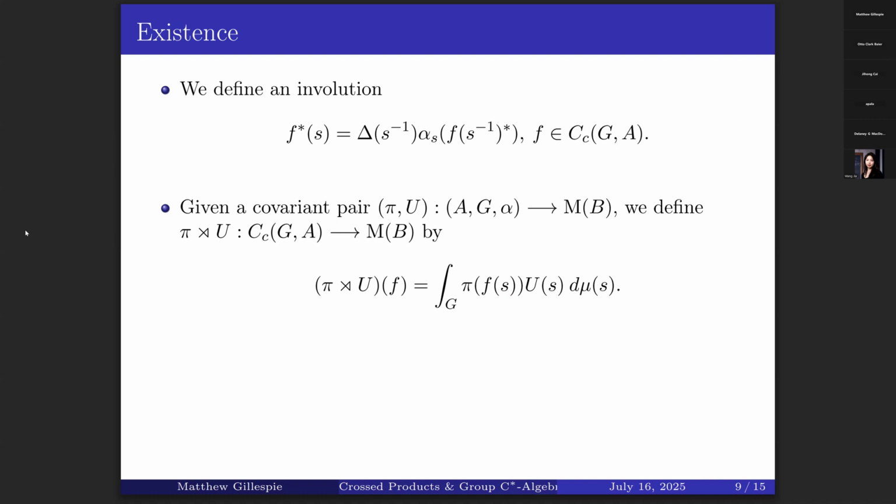What this is actually saying is I'm taking f of s, looking at it under pi, and averaging the values of the function f against the unitary u. If you look at it as a sum, that's exactly what this is saying. This representation is what we'll call the integrated form. This is how you build the representation that you see in the universal property construction.